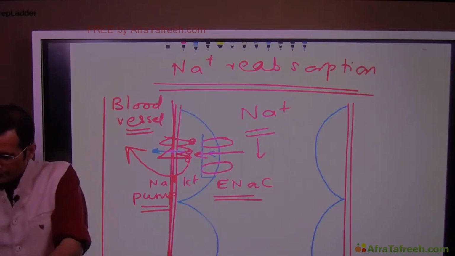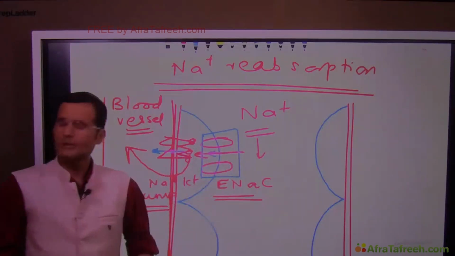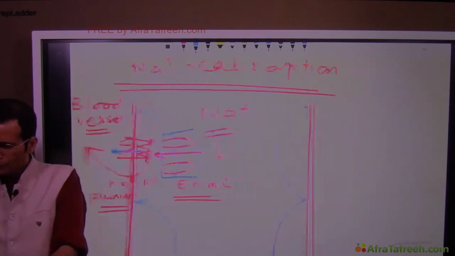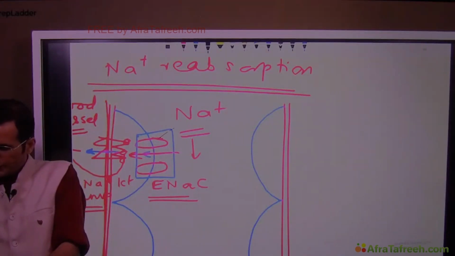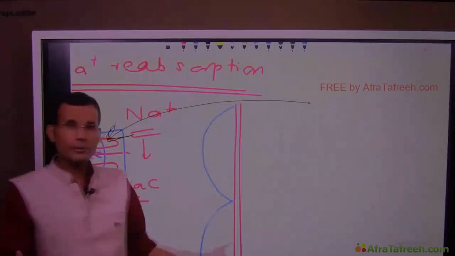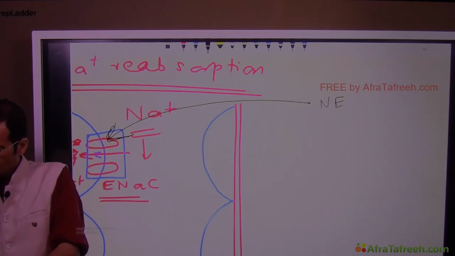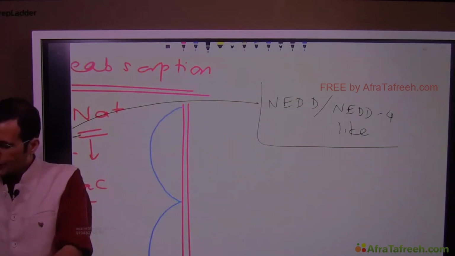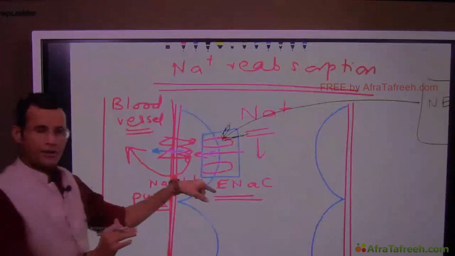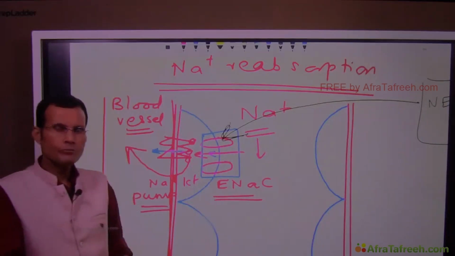This ENaC, under normal circumstances, when it has to be removed from the membrane, is tagged by the ubiquitin. We discussed ubiquitin just now. It's tagged by the ubiquitin called NEDD4-like. That's the name of the ubiquitin ligase that will tag the ENaC. And then ENaC will be removed from the membrane and degraded. We have seen that process.